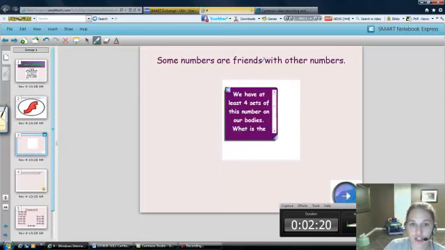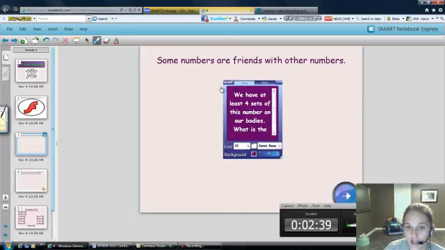This next page says some numbers are friends with other numbers. We have at least 4 sets of this number on our bodies. What is it? Well, first I need to expand this, and I had an issue with this box before. I might even delete this. It says, that's right, many things come in groups of 10.